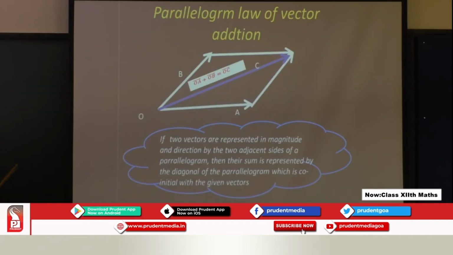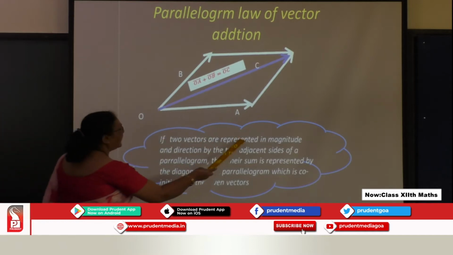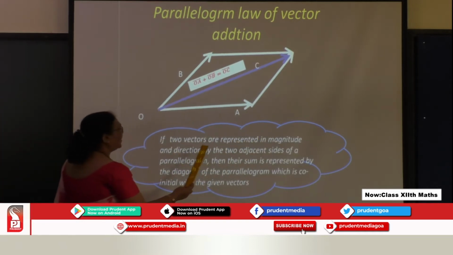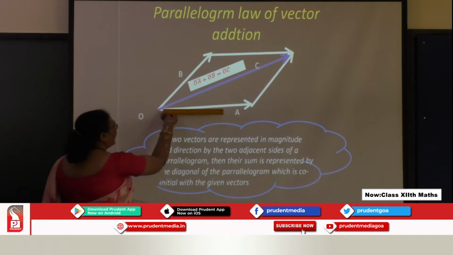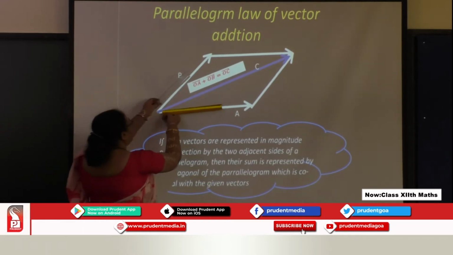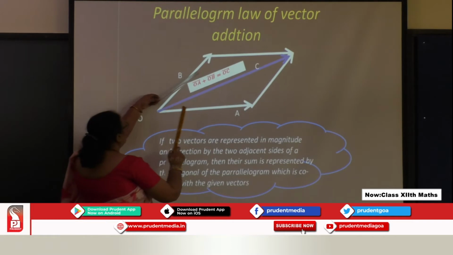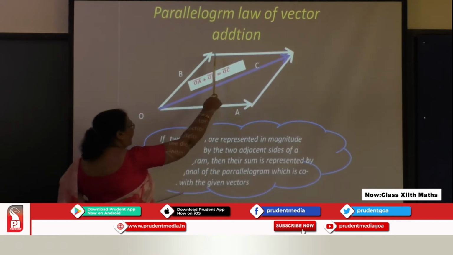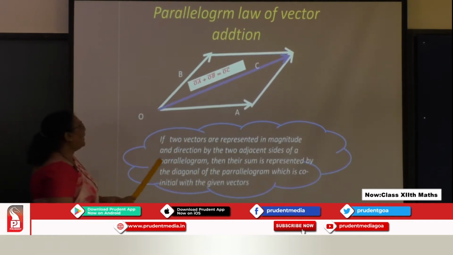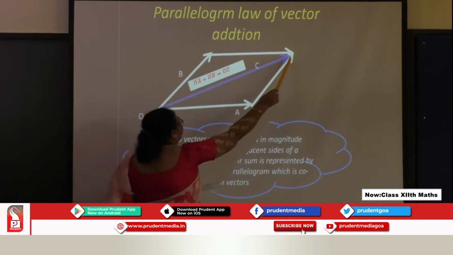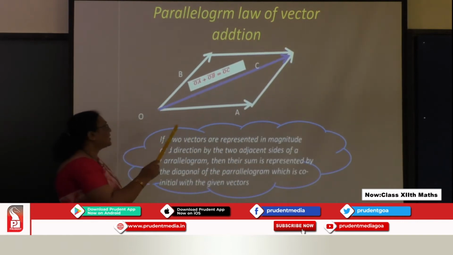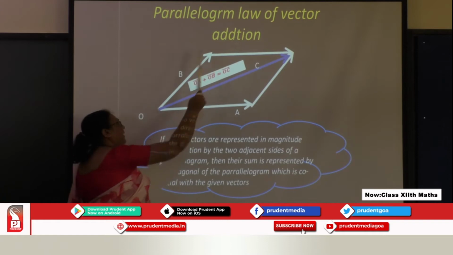Next one, parallelogram law of vector addition. If two vectors are represented in magnitude and direction by two adjacent sides of a parallelogram, see this and this, then their sum, OA plus OB, is given by OC, the diagonal of the parallelogram.